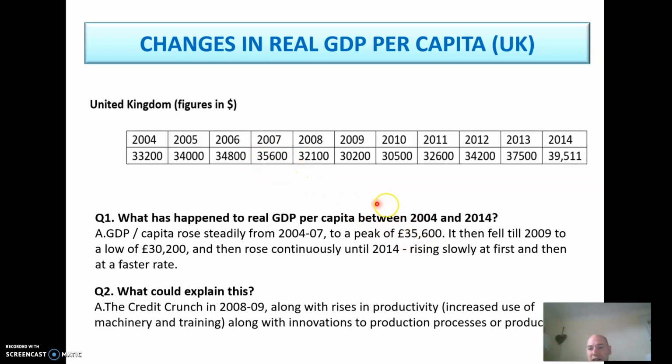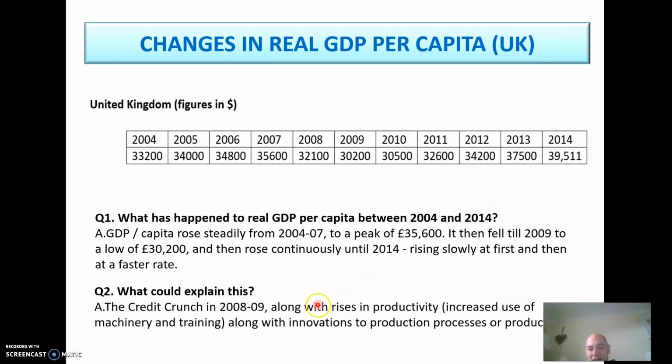It then fell till 2009 to a low of $30,200, again that should say dollars, and then rose continuously until 2014, rising slowly at first and then at a faster rate, and you can see the gap sort of increasing from 2011 onwards. What could explain this?